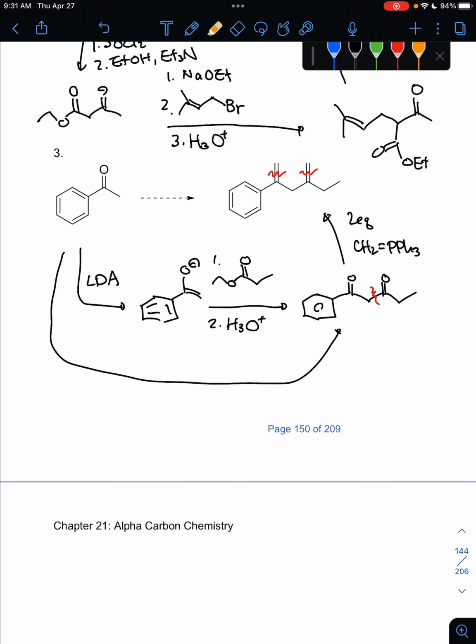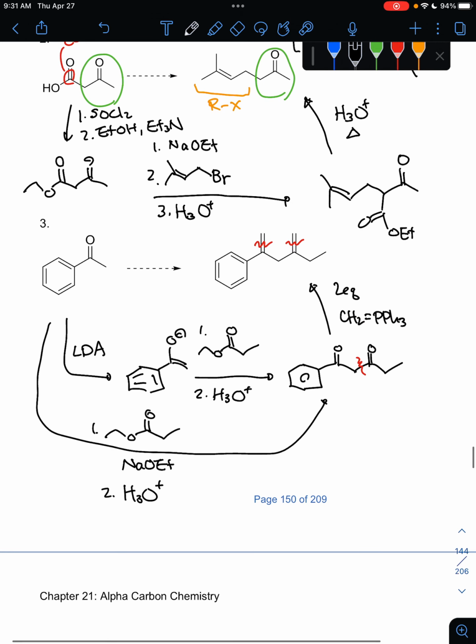And remember, ketone alpha protons are more acidic than ester alpha protons, so we technically could do it like this. Right, and that would complete the synthesis as well. Okay, all right, well, that is it, folks.